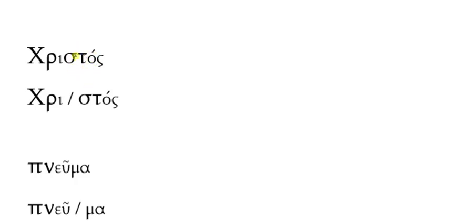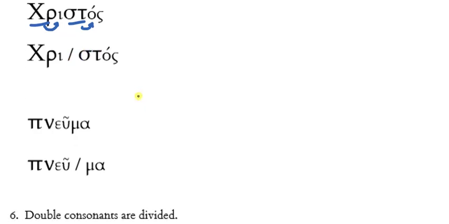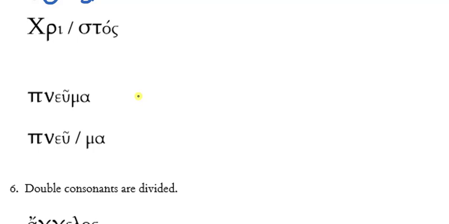You would see lots of words that start with that consonant cluster in Greek also. So chri, stas. Consonant clusters will go with the following vowel, like this. This consonant cluster goes with that vowel, so we're going to divide right in between those. Christos.